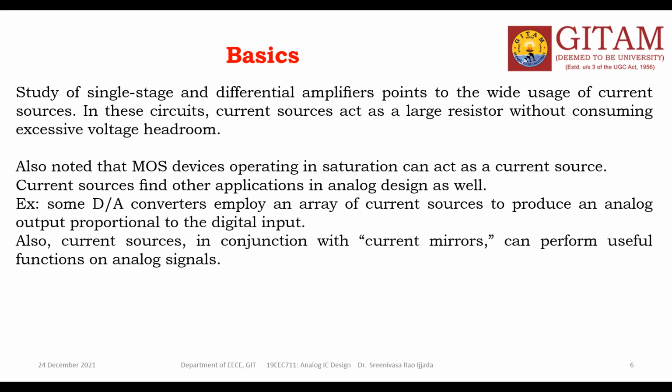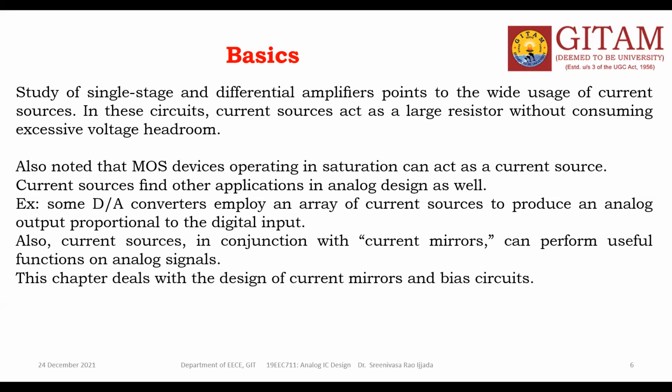Like that, whatever the current the current source has, the same current should be produced at some other branches. That is called the current mirror. Whatever the current, exactly the same current should be generated in some other places of the circuit. Clear?